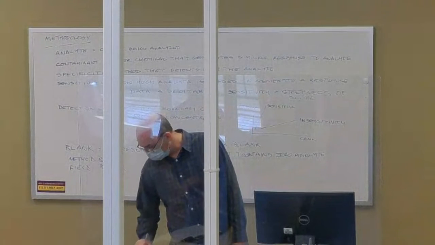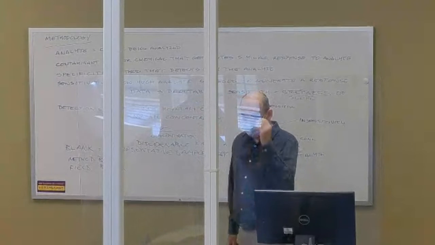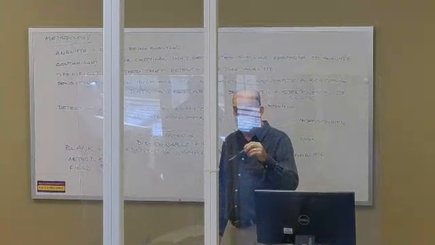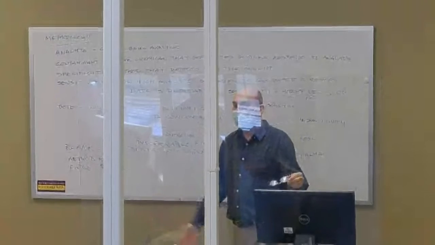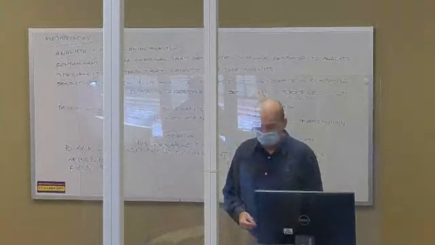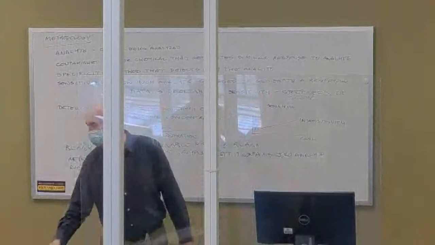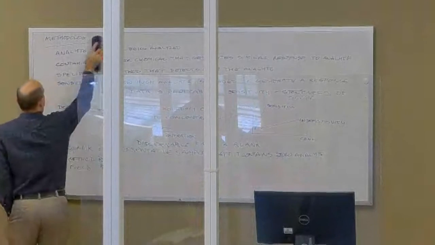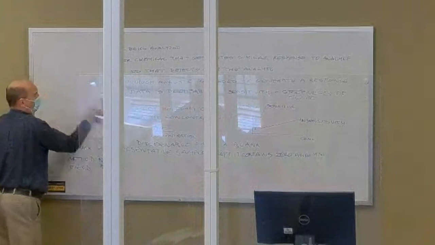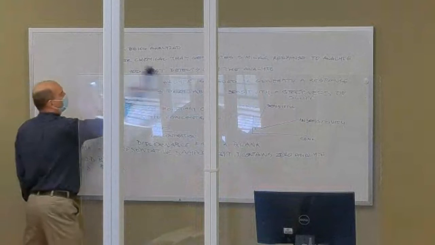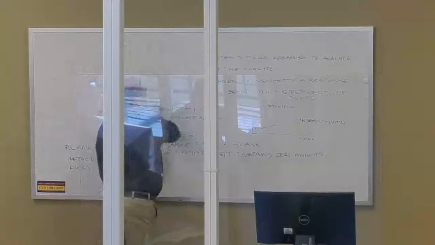Oh, got to talk about one more thing about graphing. Yeah, it's your control. I don't know that too many chemists say control group, but yeah, that's what it is.